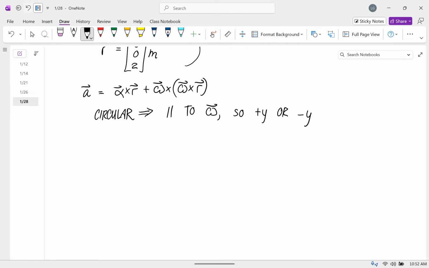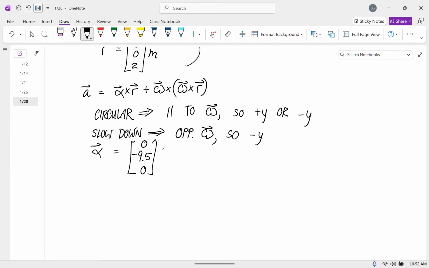So slowing down means that it's going to be opposite the direction of omega. So it's going to be in the negative y direction. So alpha is equal to 0, negative 9.5, 0. And this is in radians per second squared.